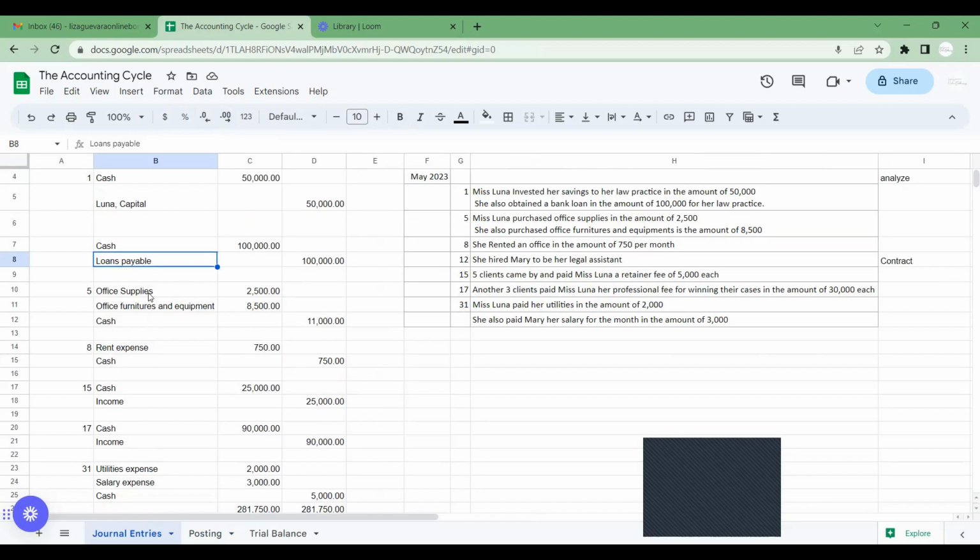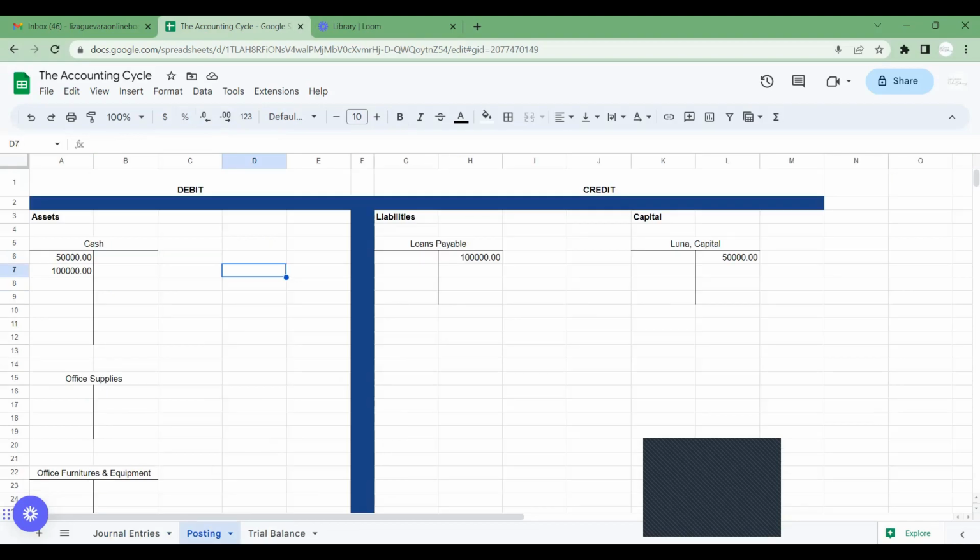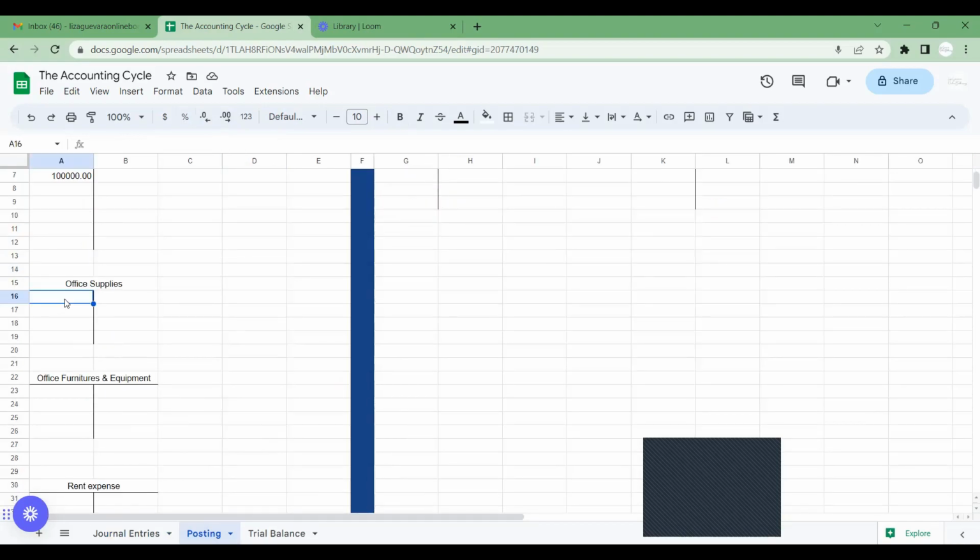So the next one, we should debit office supplies and office furniture and equipment and credit cash. So debit office supplies 2,500 and office furniture and equipment 8,500.